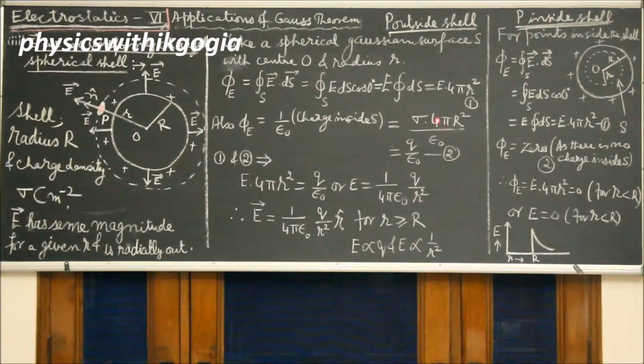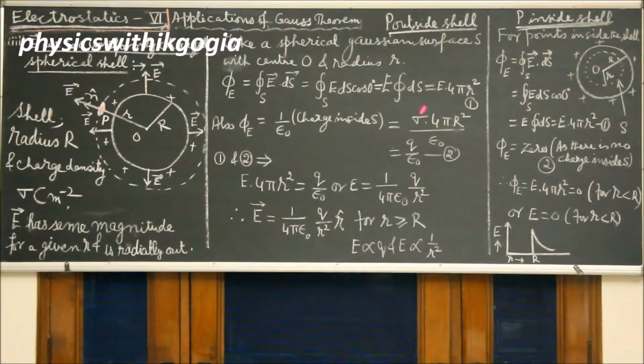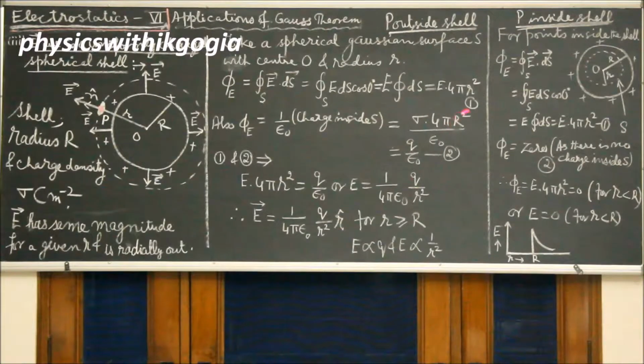So this is by using Gauss theorem, because now this charge sigma into 4 pi R square is the total charge on the shell, which we denote by Q. So flux is Q over epsilon naught and flux is E into 4 pi r square.